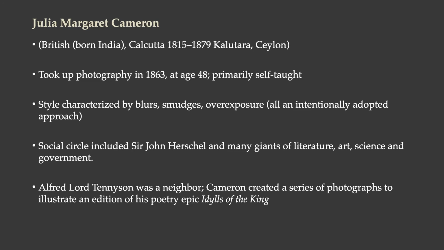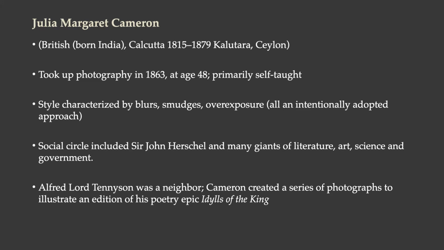Julia Margaret Cameron was a photographer that we'll pay a little bit of extra attention to because she made photographs not as reference material for artists, but as artworks in themselves. She was very familiar with the Pre-Raphaelite painters and very connected in that world. She spent a lot of time in England, where she lived, but also spent time in India, where her family owned a plantation.